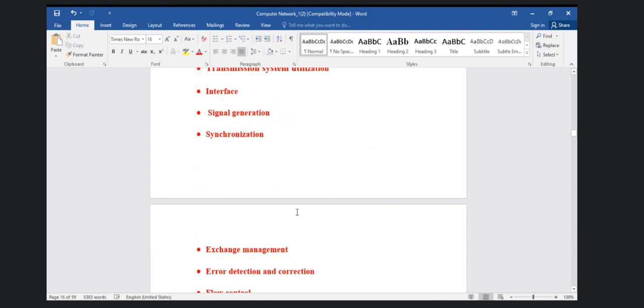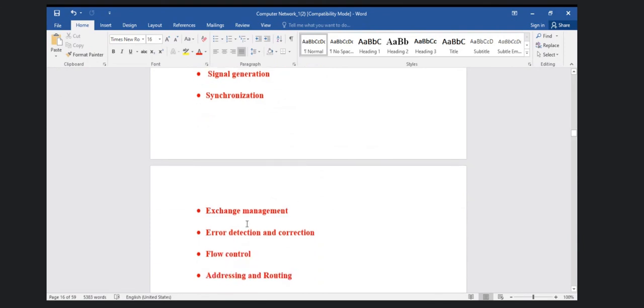Now, exchange management. This is also another communication task. Suppose two people talk to each other over the telephone network.